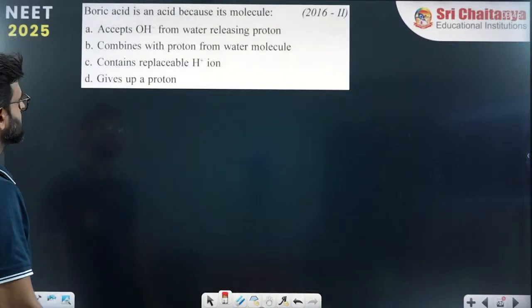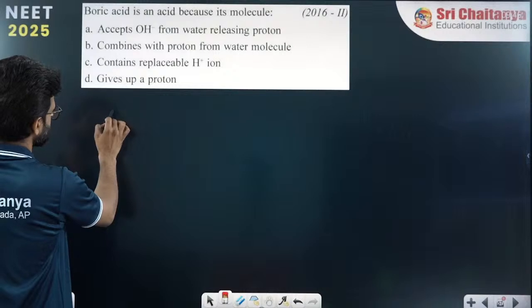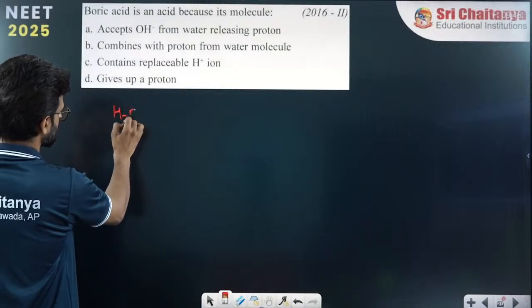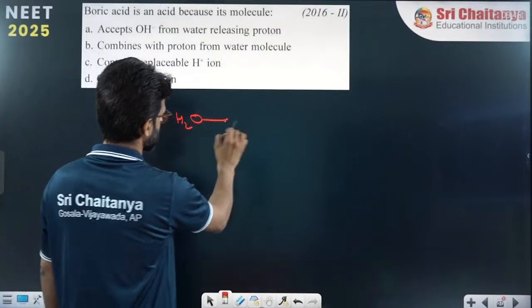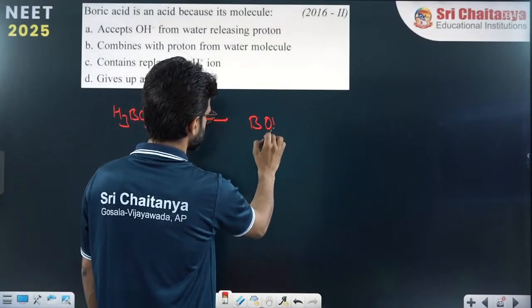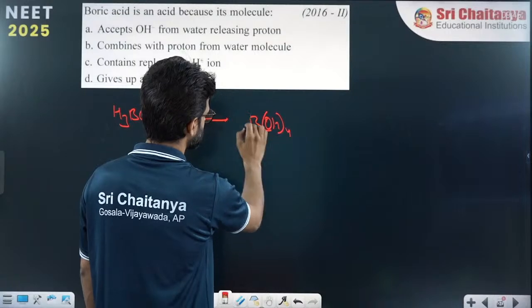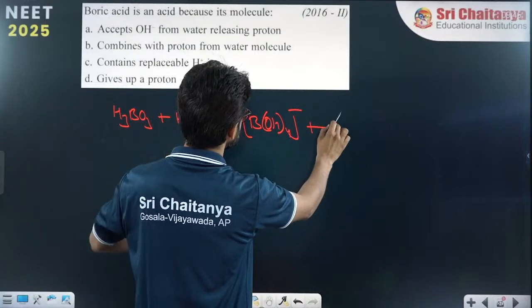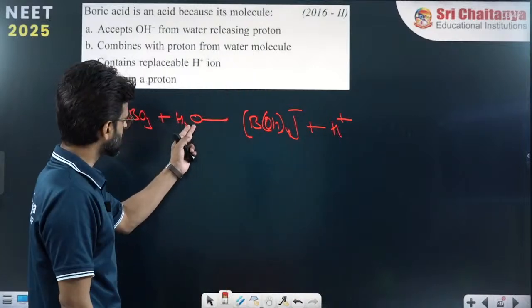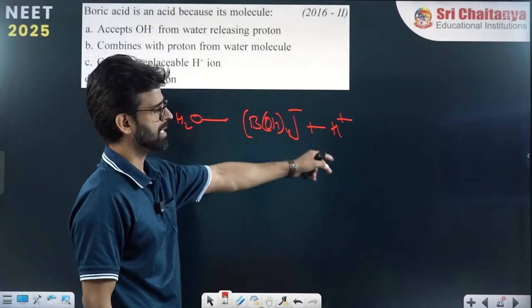Boric acid is an acid. If you see, boric acid or orthoboric acid is H3BO3. If you put it in water, it will take a lone pair from OH minus and make B(OH)4 minus, and water is releasing OH here. Water's OH goes with this and H remains here.